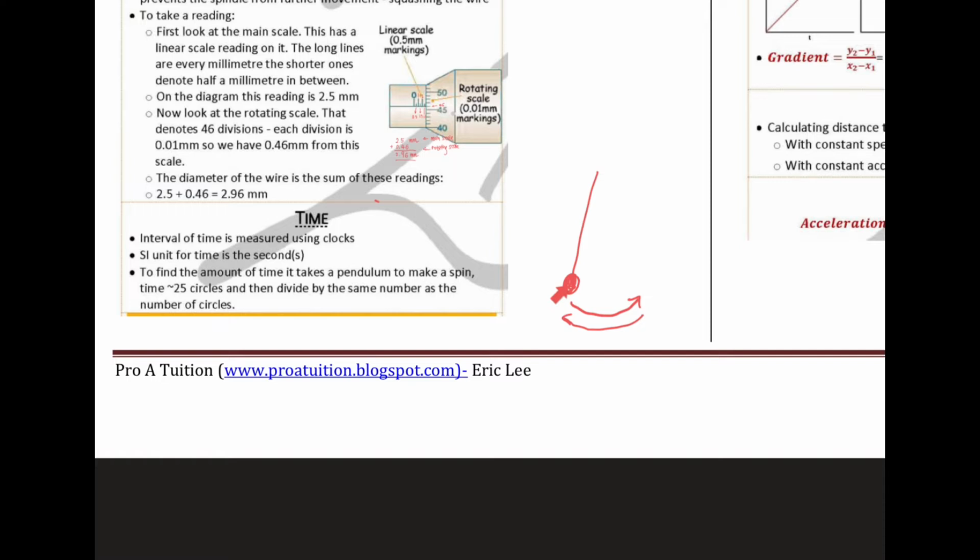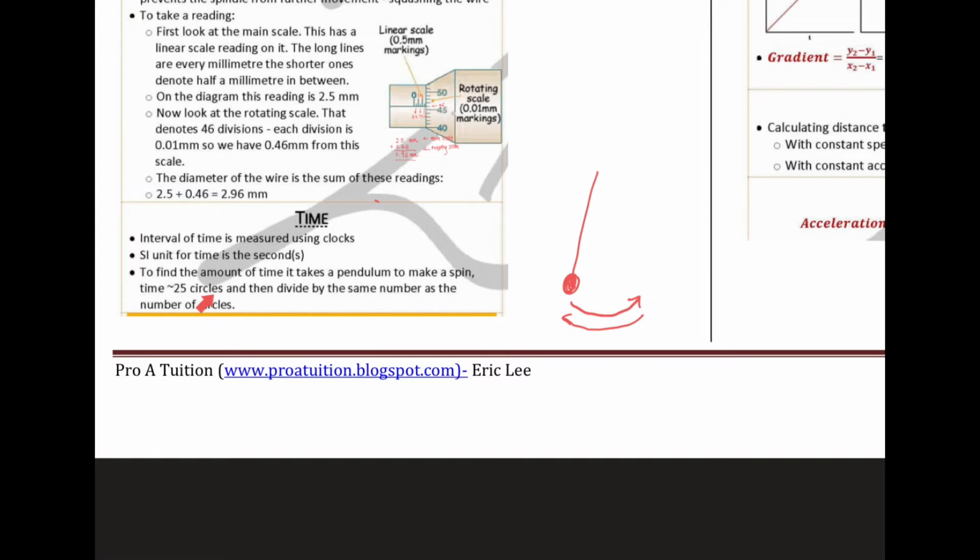Normally, you can easily make errors. Maybe you are thinking of something else and you forgot to press the stopwatch. You can easily make mistakes. So that's why they say you let the pendulum move 25 oscillations or 25 cycles, 25 circles.